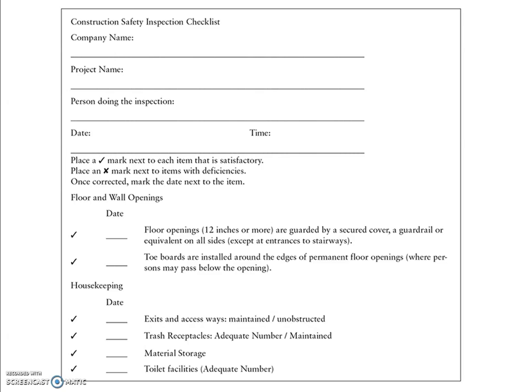So this is how the checklist works. For example, place a check mark next to each item that is satisfactory. Place a cross mark next to the item which has deficiencies. So these kinds of questions need to be answered in the checklist.